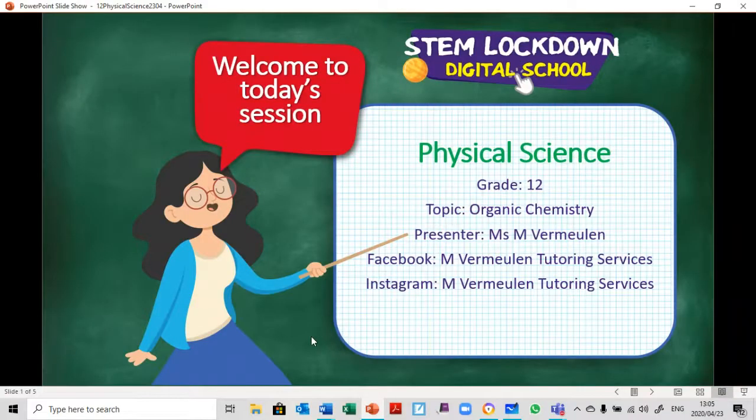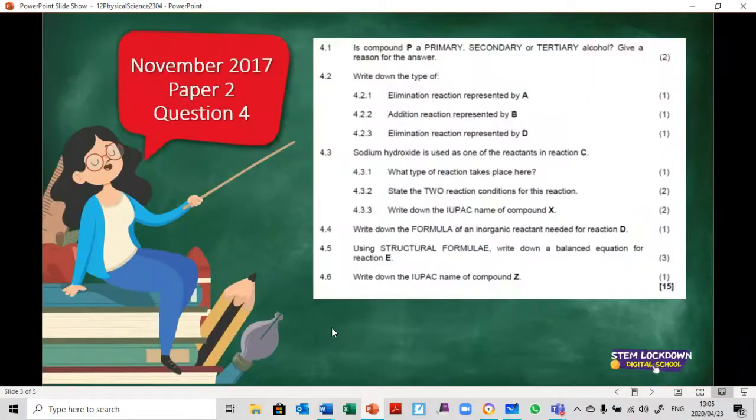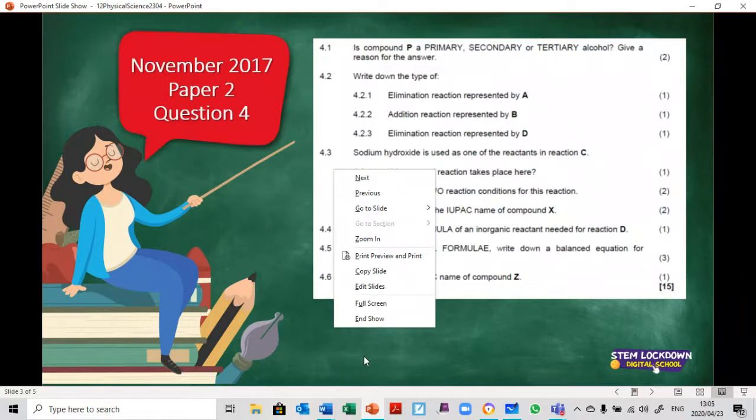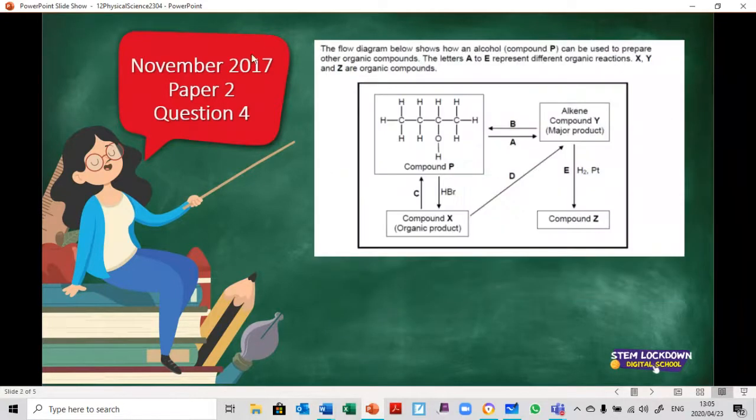So the past paper I chose is November 2017, paper 2, question 4, okay? And this flow diagram that you're going to get here is very typical of the questions that you will get at the end of the year, okay?